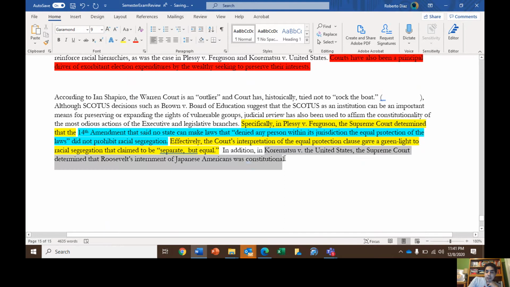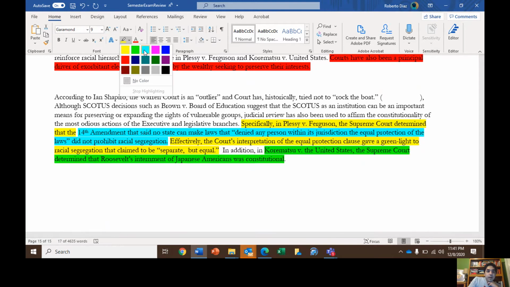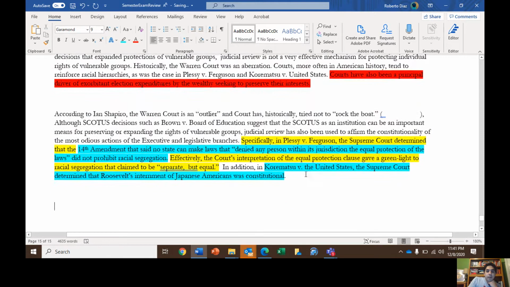Again, description I'll highlight in blue. But now we want to explain how this gets at our thesis, right?